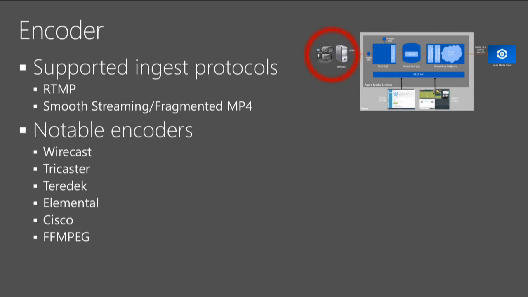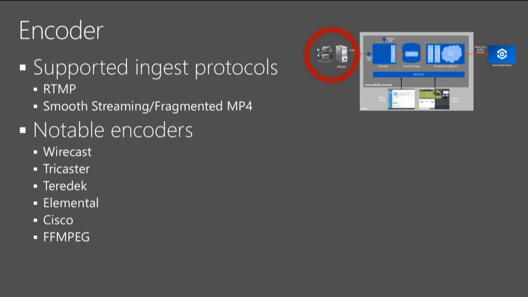I think it's about a $500 license, so it's fairly broadly used. TriCaster will give you a little higher production value. You can do multi-screen, transitions, overlays, that kind of stuff. Teradek has a really nice little camera top device. You can mount it right on top of your camera and plug an HDMI into it.